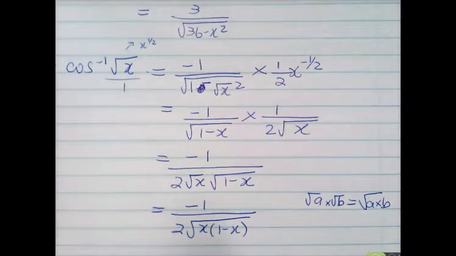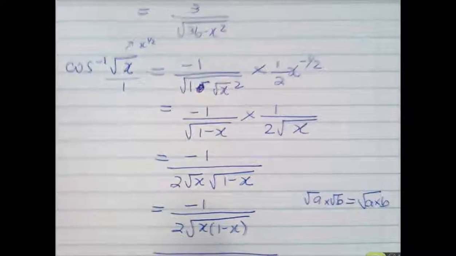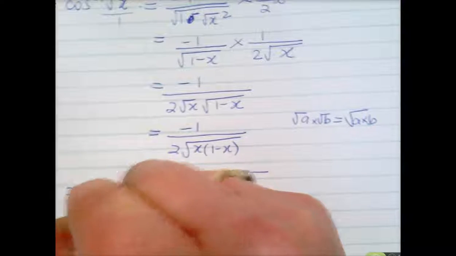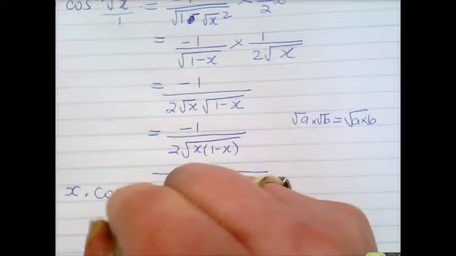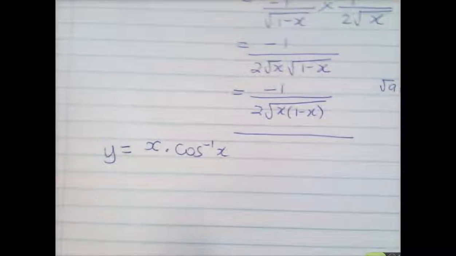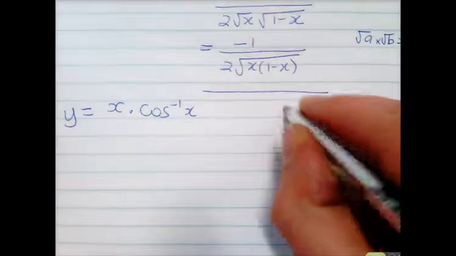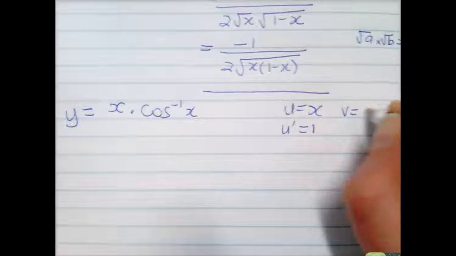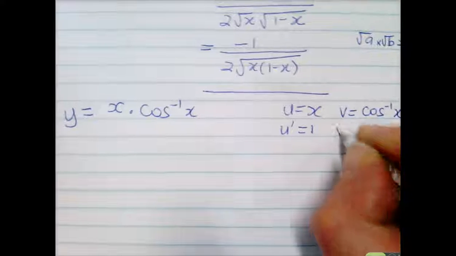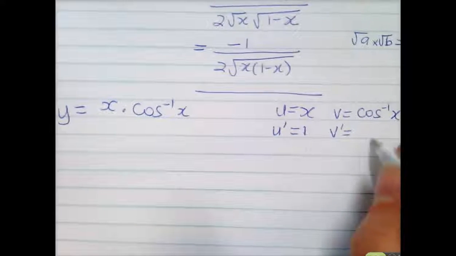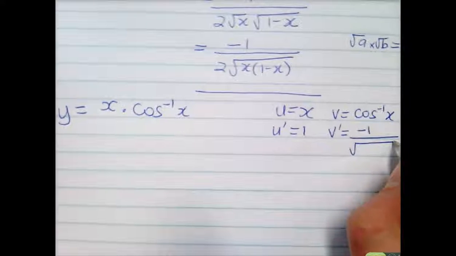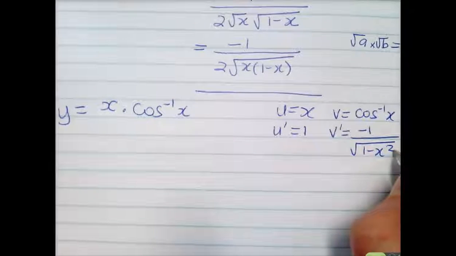All right, let's do product rule. If y equals x times inverse cos of x, u equals x, u dash is 1. v equals inverse cos of x, v dash is negative 1 over the square root of 1 minus x squared.